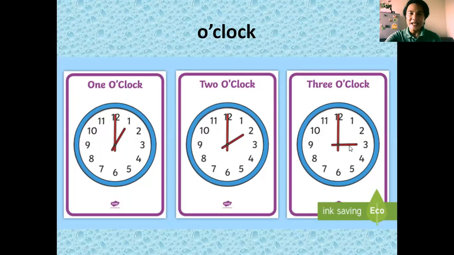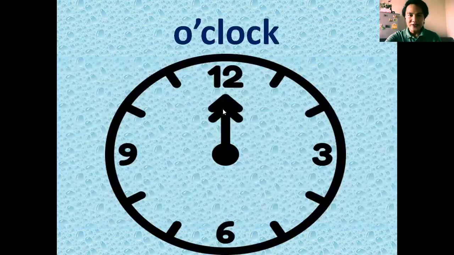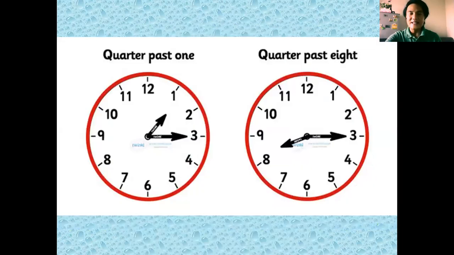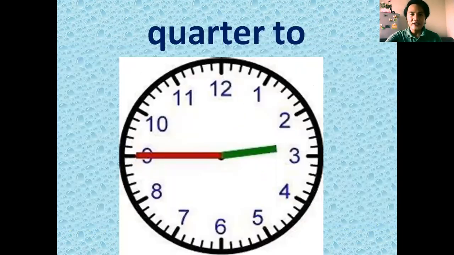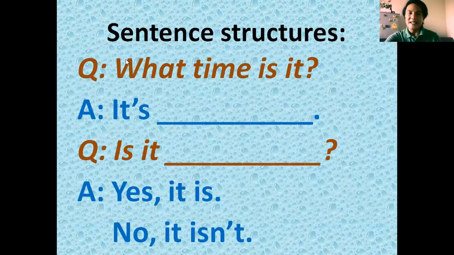Because it's o'clock, we read the number first. It's 3 o'clock. Here, what time is it? It's 2 o'clock. Do you understand? That's how to answer the question, what time is it?